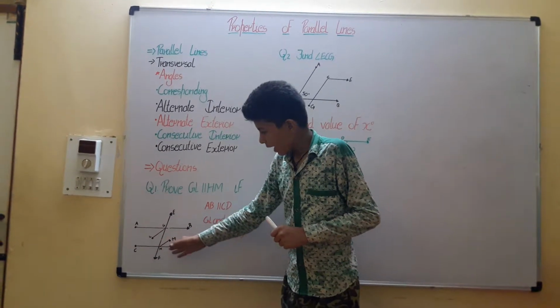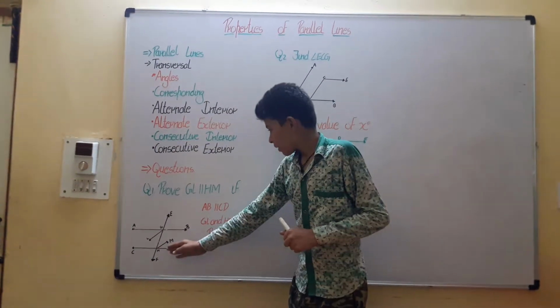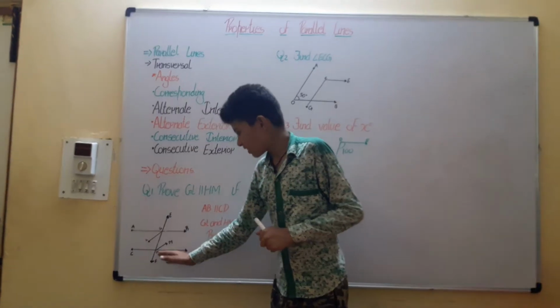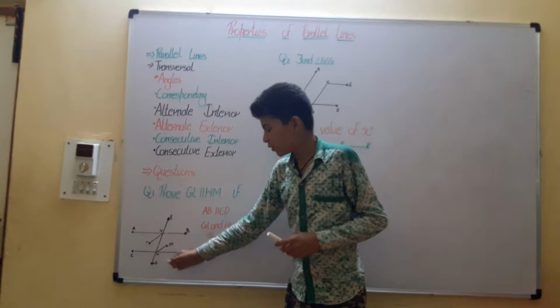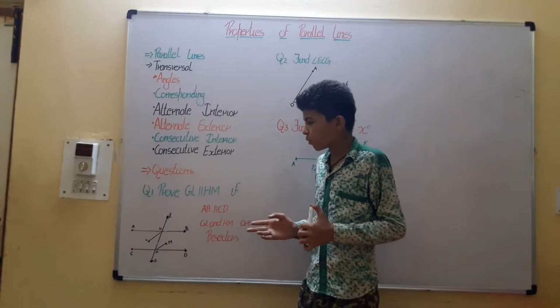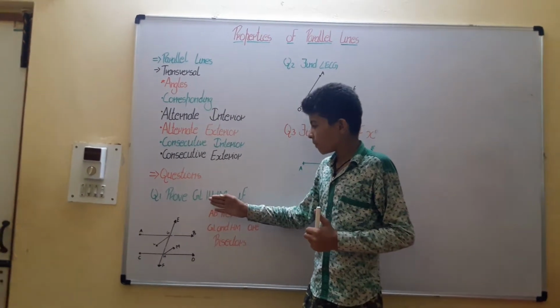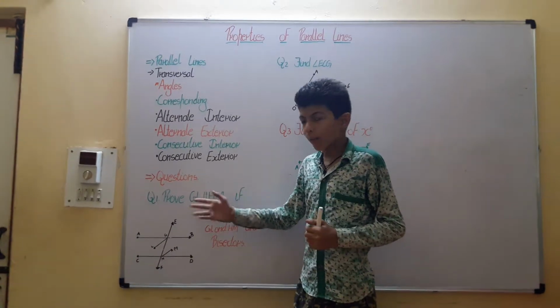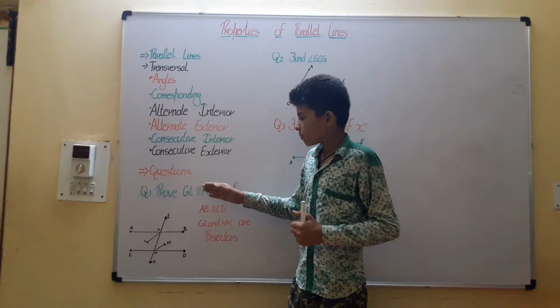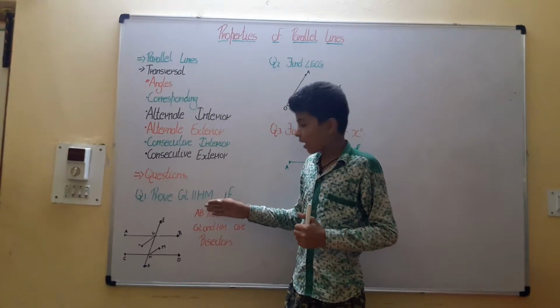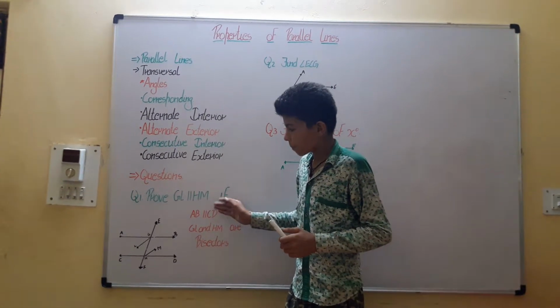And HM divides angle GHD, so it lies between them. So how can we prove that GL is parallel to HM?